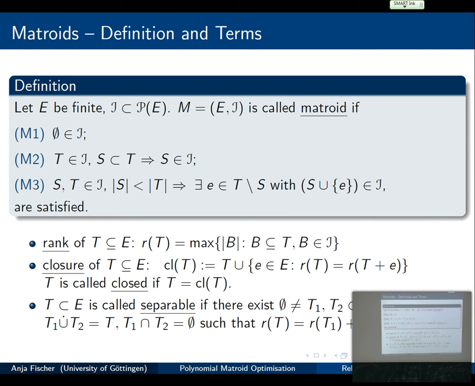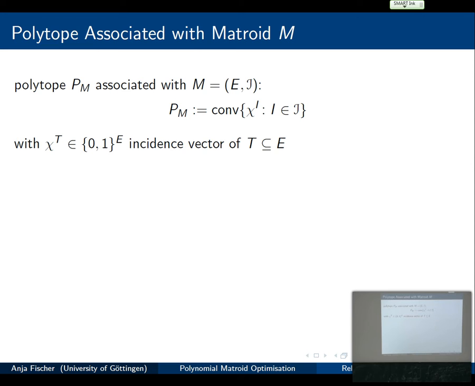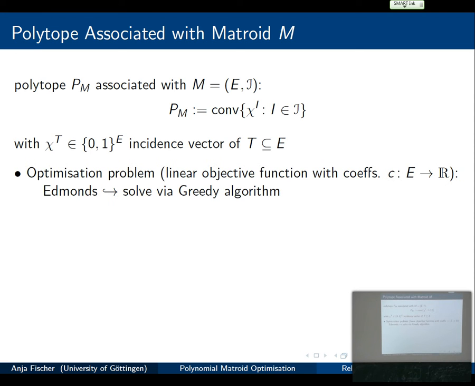Okay, so these are Matroids and the Matroid polytopes. As usual in combinatorial optimization, we just consider the convex hull over all incidence vectors of independent sets. And we can nicely optimize over this polytope, so we all know that we can use the greedy algorithm for optimizing.